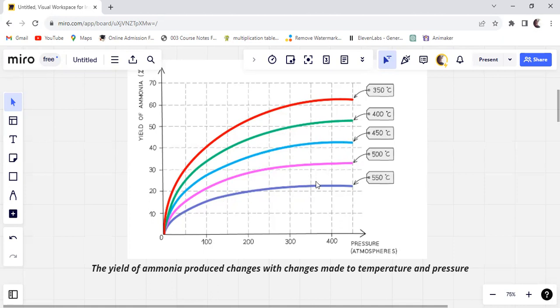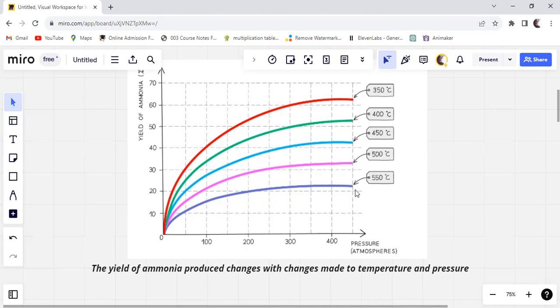So with the increase of pressure, you can see an increase in the yield of ammonia. But like you can see by following the vertical lines upward from the x-axis, the graph shows that a decrease in temperature favors an increase in ammonia yield.